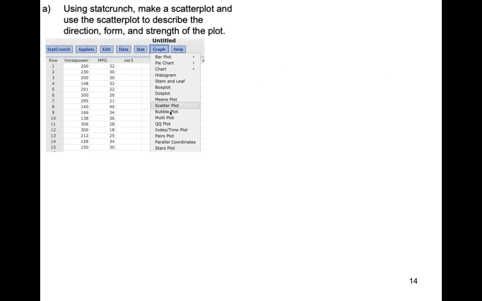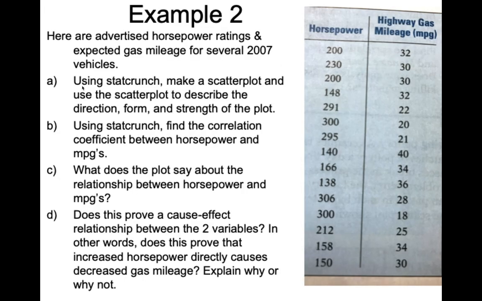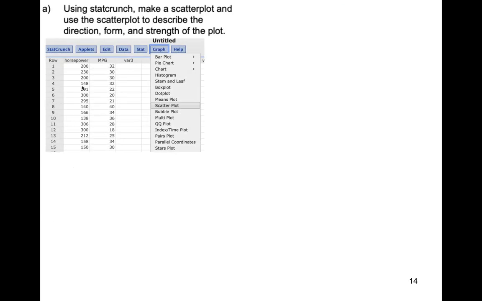Notice the first thing I did here is I put all of the data from here in a spreadsheet on StatCrunch. I put all the data for one column and all the data in another column. One of the cool things about StatCrunch that you can't do on, say, Google Sheets is notice at the top of each column, if you click on the top of each column, you can actually name each column.